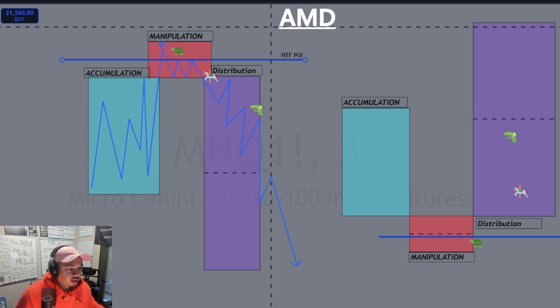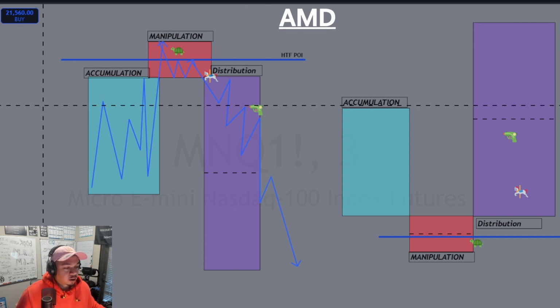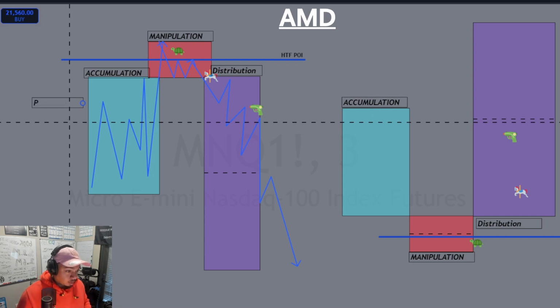There's plenty of levels listed, but the main ones you want to think about are going to be session highs and lows.